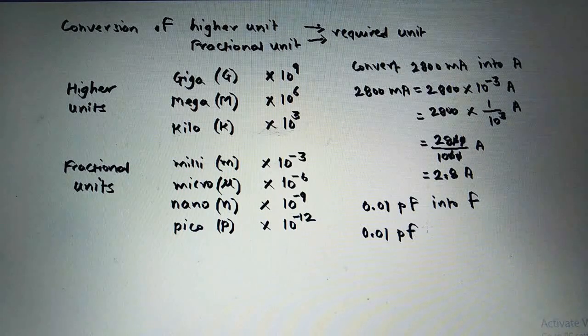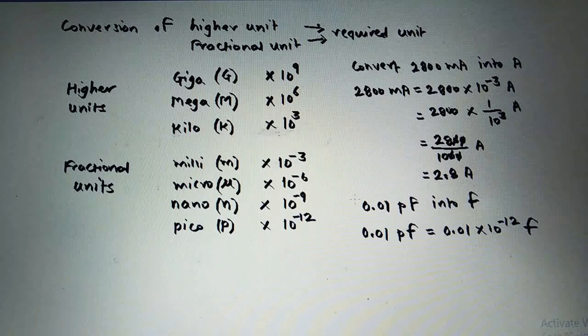So 0.01 picofarad into farad. So 0.01 picofarad is equal to 0.01. What is conversion of pico? It is 10 raised to minus 12. So 0.01 into 10 raised to minus 12 farad. It is a conversion of 0.01 picofarad into farad.